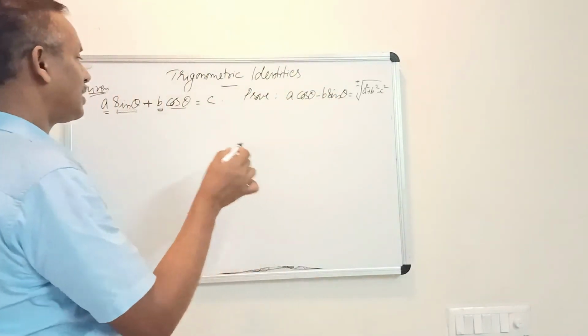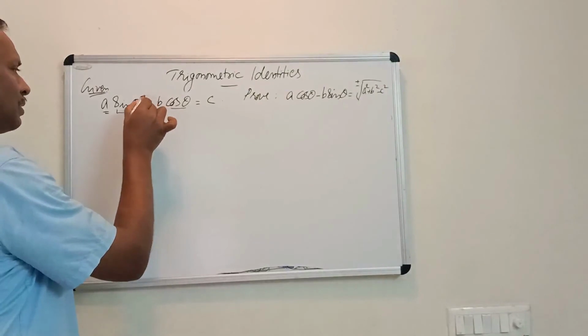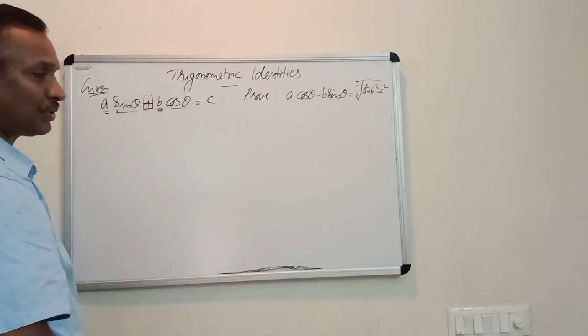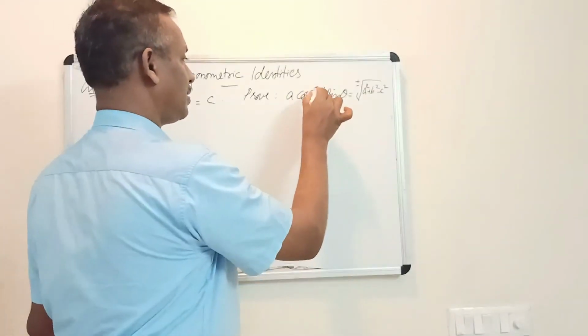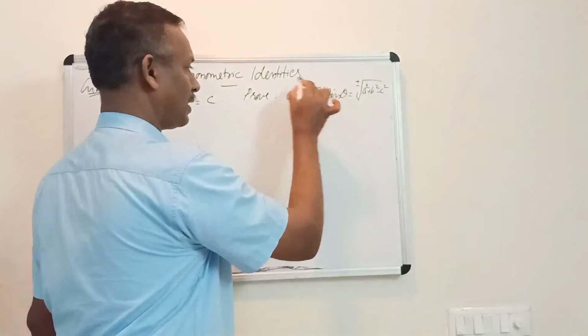And one more thing you can see: in between, the terms in the given have a plus sign and in the to-prove part it is minus.